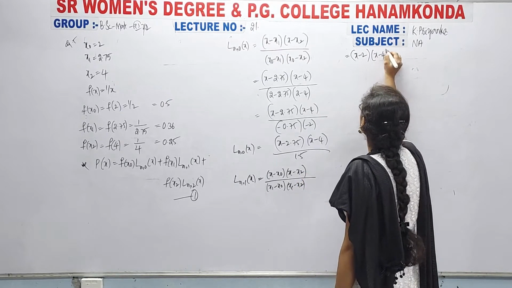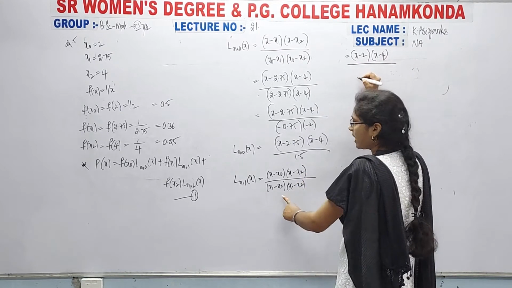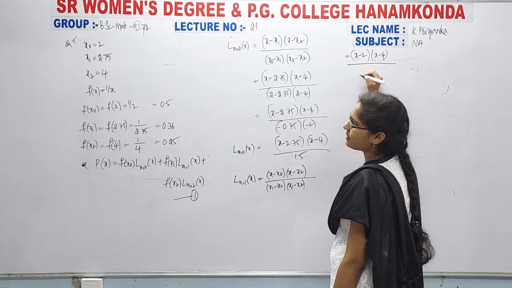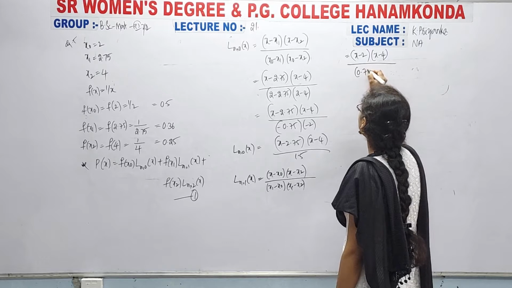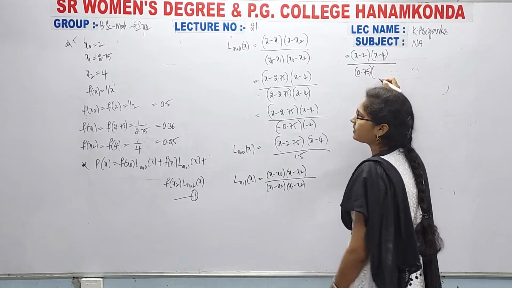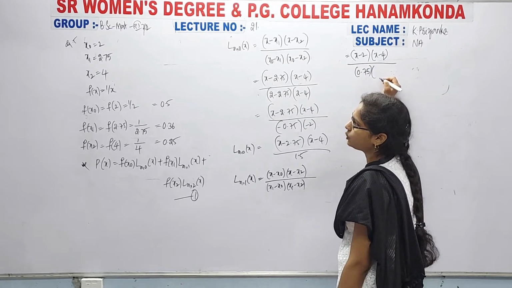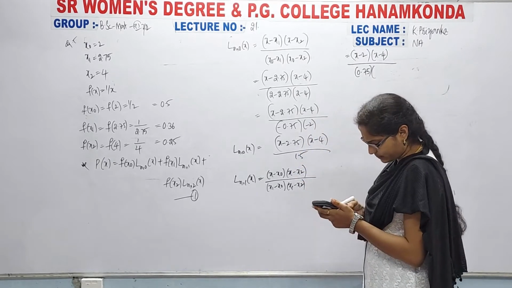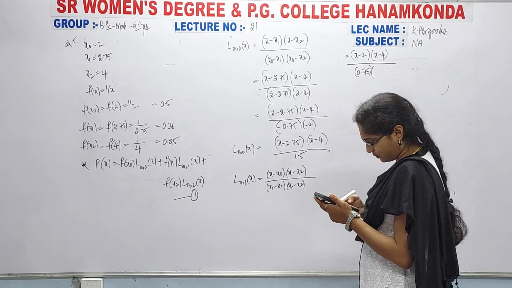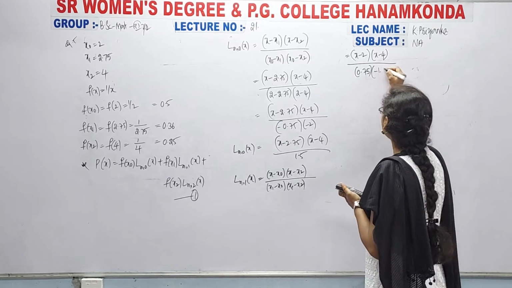So x minus 4 whole divided by x1 minus x naught, x1 is 2.75 minus 2, that is 0.75, into x1 minus x2. What is x1? 2.75 minus 4. Directly I am solving, 2.75 minus 4 is minus 1.25.